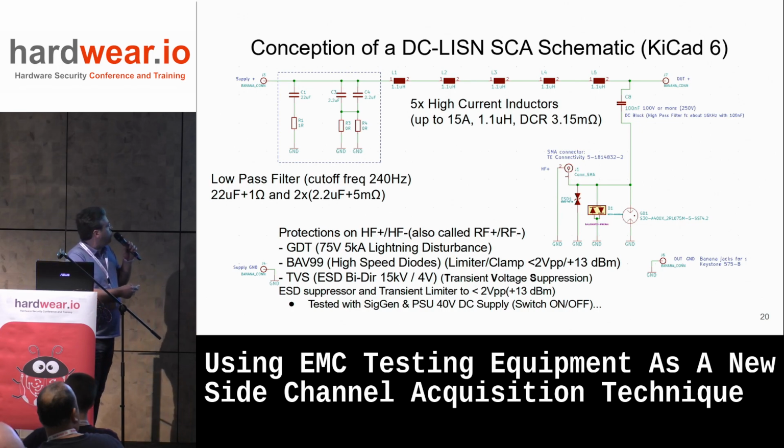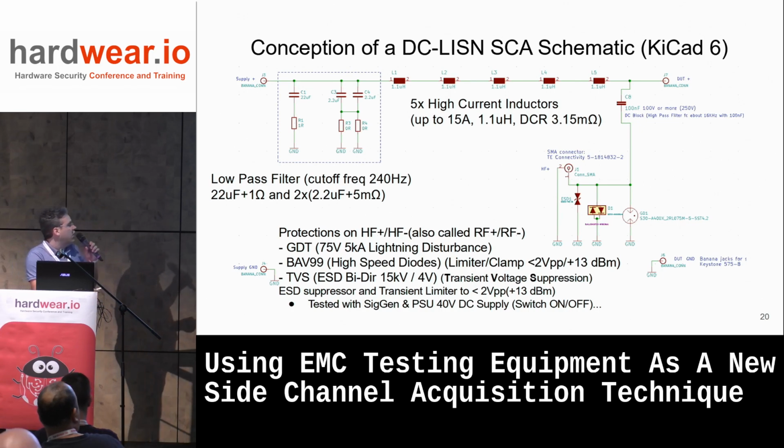So we have very strong protection to protect your expensive oscilloscope or spectrum analyzer connected on HF plus there. We start with a GDT, which is a gas discharge tube. It's mainly for lightning disturbance, so it's very strong to avoid lightning disturbance up to 5 kiloampere and 65 volts.